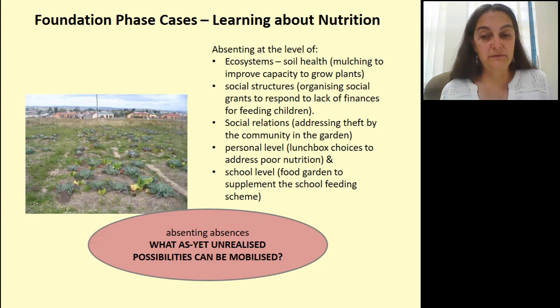At a personal level, one teacher worked with lunchbox choices, helping children make choices about what to put in their lunchbox. That was obviously for the children who did have the luxury of choice. At the school level, as I mentioned, they both worked at food gardens to supplement the school feeding scheme.